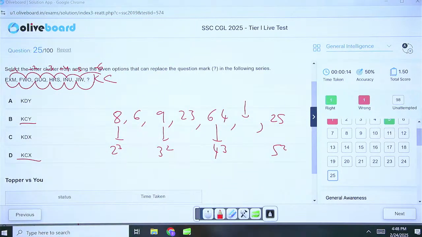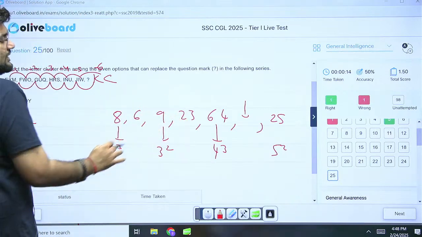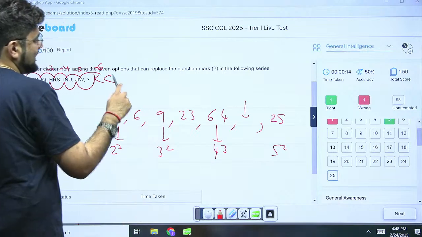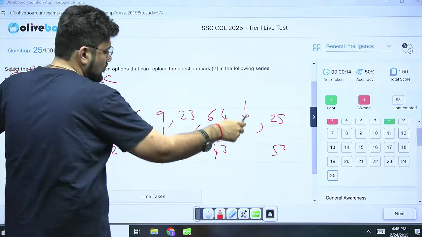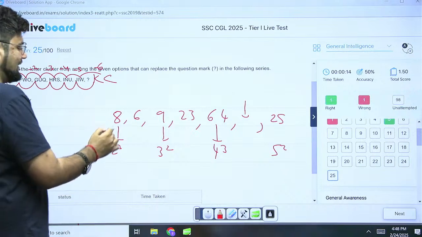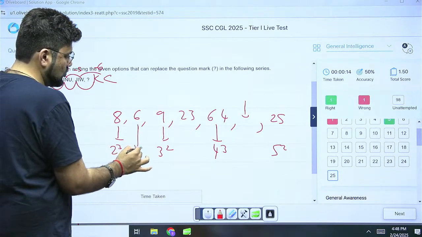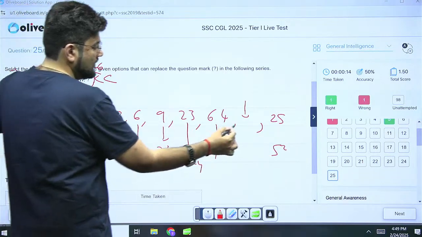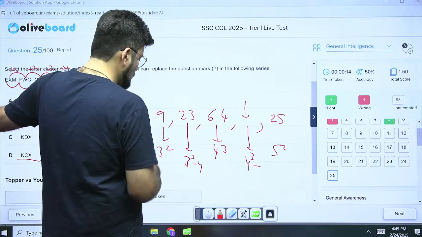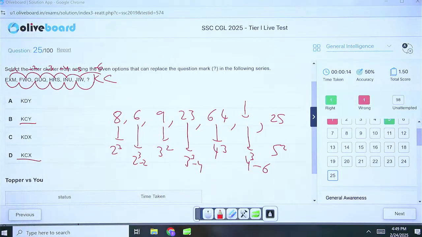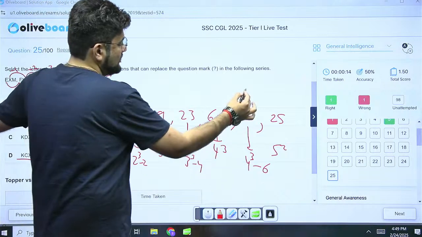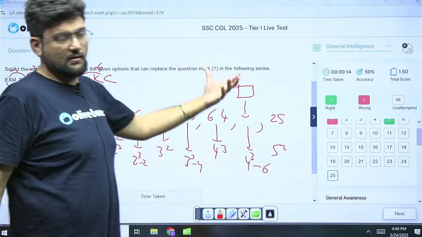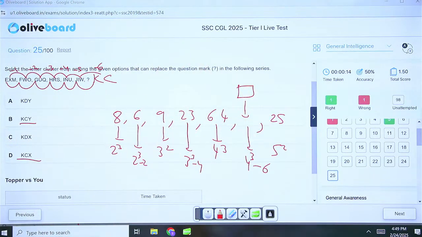Now the next logic either can be that 6 and 23 increase by 17, so 23 and 17 you will get 40 here. That is a possibility. Or the other logic here is that 6 into 4 minus 1, 23 into 4 minus 1. That can be a possibility. Or it can simply be that maybe this is 2 cube minus 2, this is 3 cube minus 4. So 2 cube, 3 cube. The next one will be 4 cube, but minus 2, 4, so 6, probably 6. So 64 minus 6 can also be your answer. You will have multiple logics, but it becomes easier for me if you have the options so that I can visualize. But this is what I think is the correct option or the logic.